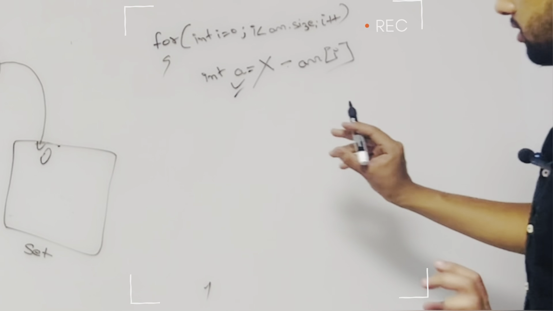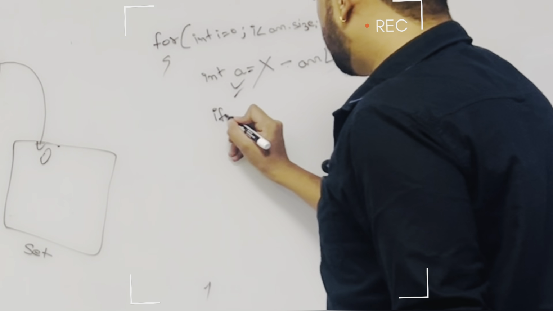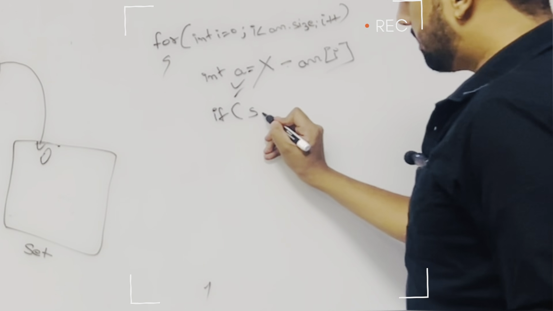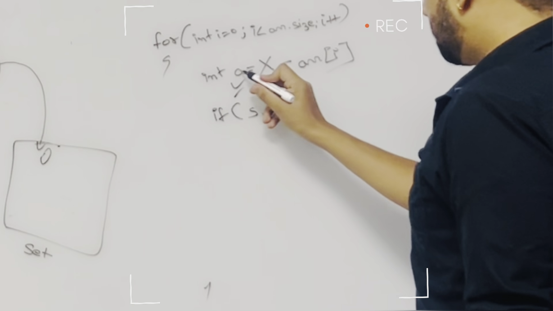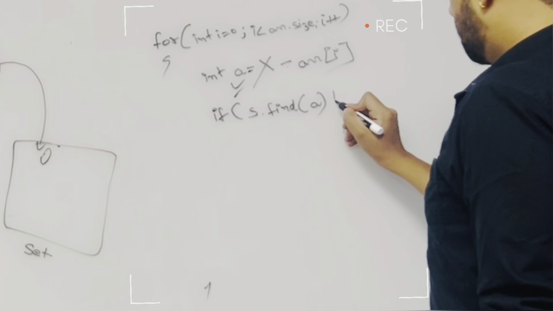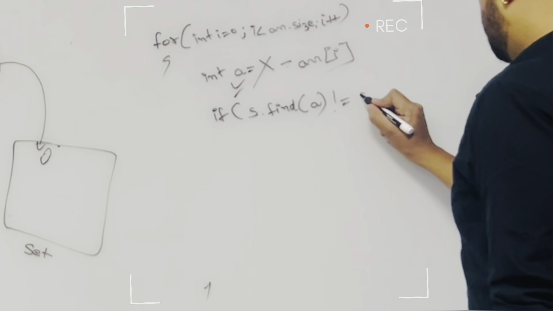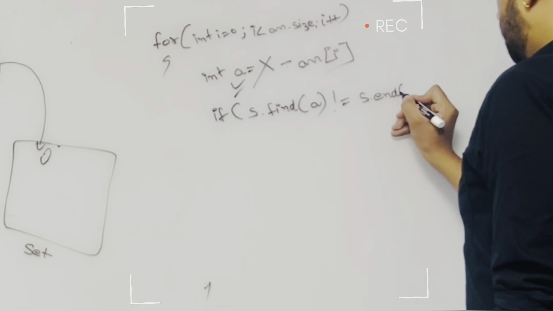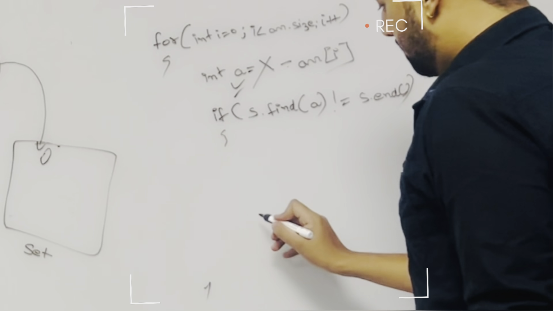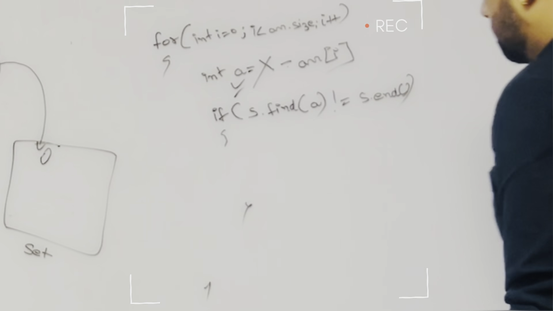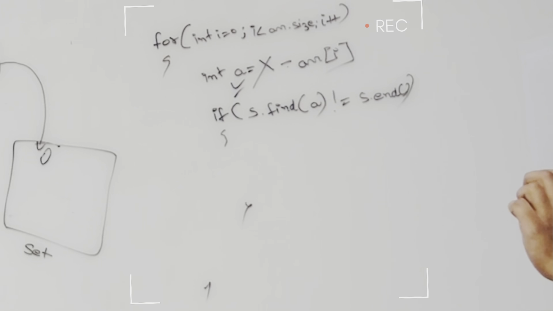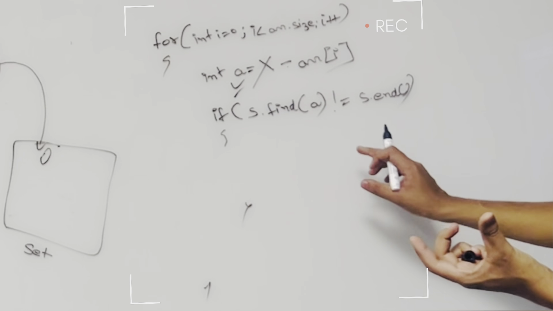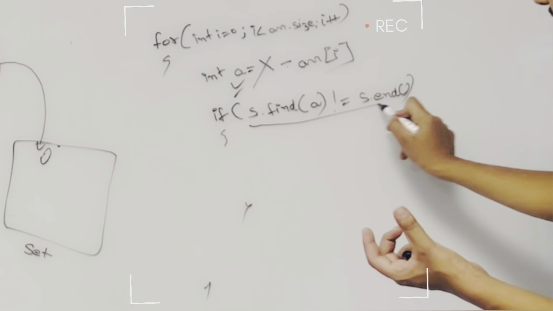The same thing we will write here: if set.find(a) not equal to s.end. It means if it hasn't reached the end, we have found that element.